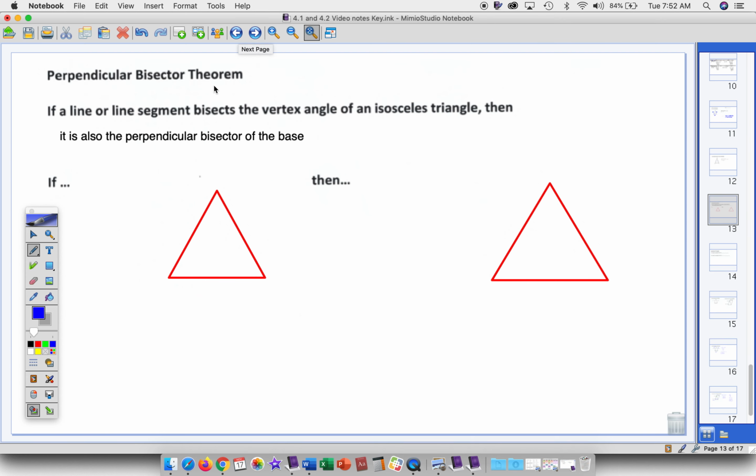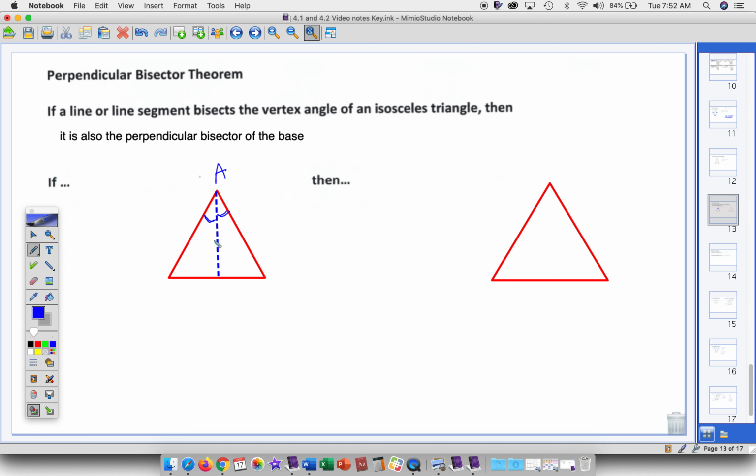The perpendicular bisector theorem. If a line or line segment bisects the vertex angle of an isosceles triangle, then it is also the perpendicular bisector of the base. So if you're given this, okay, as long as it has the same marking, we know that these two angles are congruent, which means that this angle is being bisected.